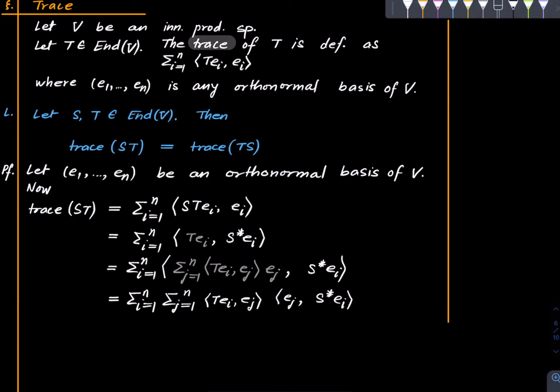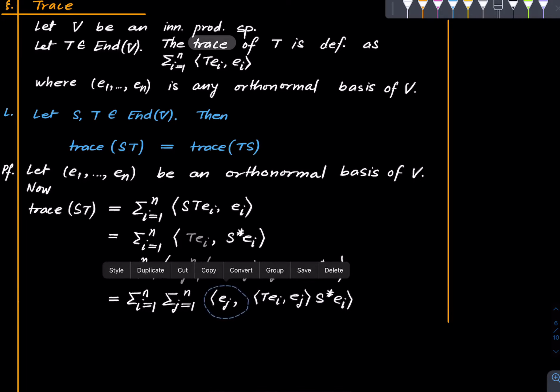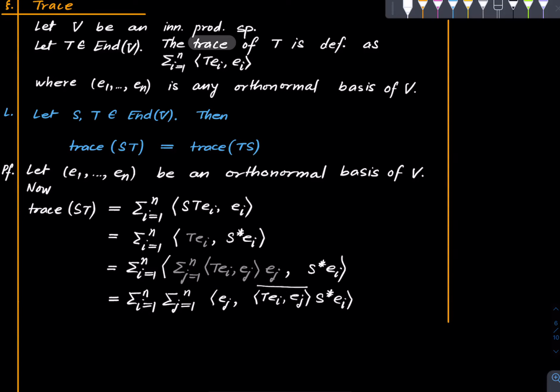But now we can put this scalar in the second slot along with the summation also, but let's not do two steps at a time. So we'll put it here. I'm going to run out of space, so I'll have to do it here itself. But we have to be careful because it's the second slot, so we need to put a complex conjugate. Okay, so I hope you followed that.